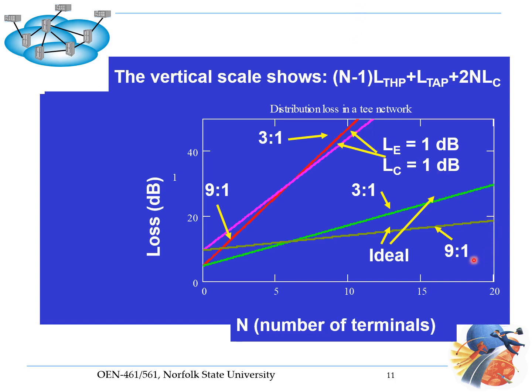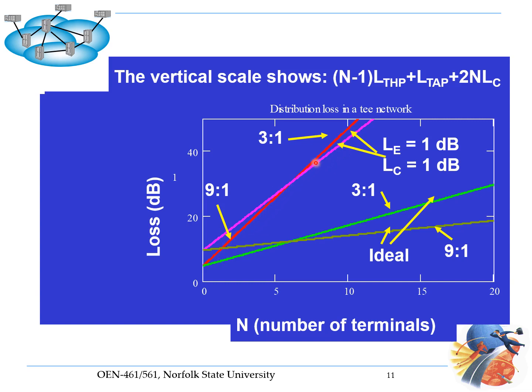On this plot I show 4 cases for this dependence. Those 2 are for ideal couplers with the splitting ratio 9:1, this line, and 3:1, this line. For the same splitting ratios but adding excess losses of 1 dB and connector losses of another 1 dB, we will have two more, much steeper lines.